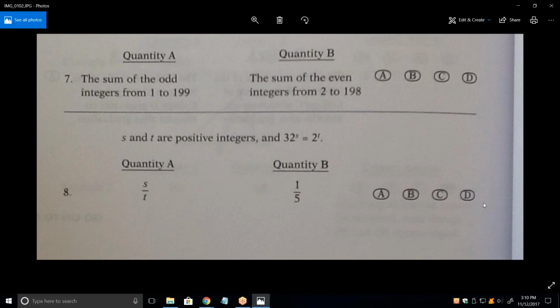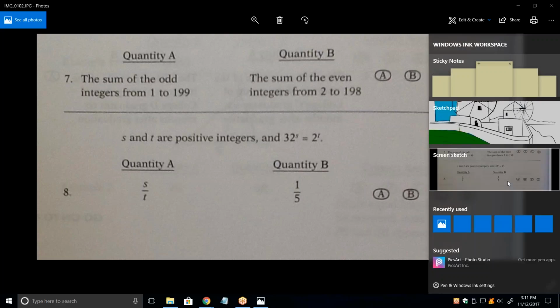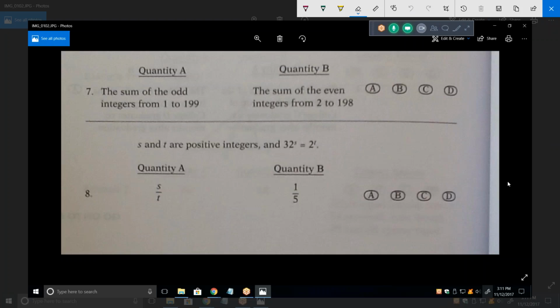Now, we didn't finish this problem. Sorry. Let me finish the problem. I got so involved in the rules of exponents. This is 2 to the 5th, which is how I'm going to write the number 32.